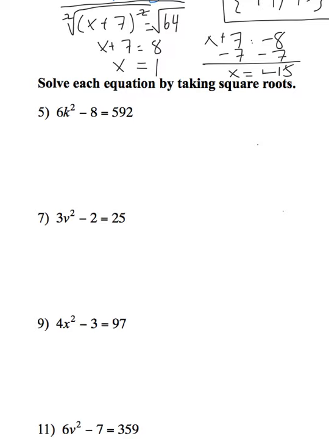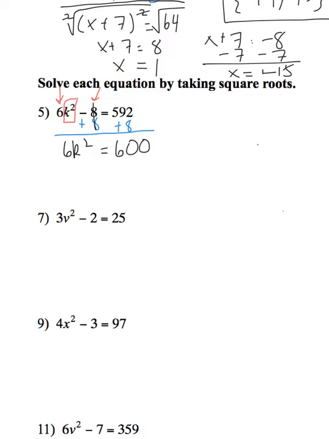For number 5, we want to get the squared term by itself again. So we want to move the negative 8 and the 6. First, we're going to move the negative 8 by adding 8 to both sides of the equation. When we do so, we bring down the 6k squared. The negative 8 and positive 8 cancel out, and 592 plus 8 is 600.